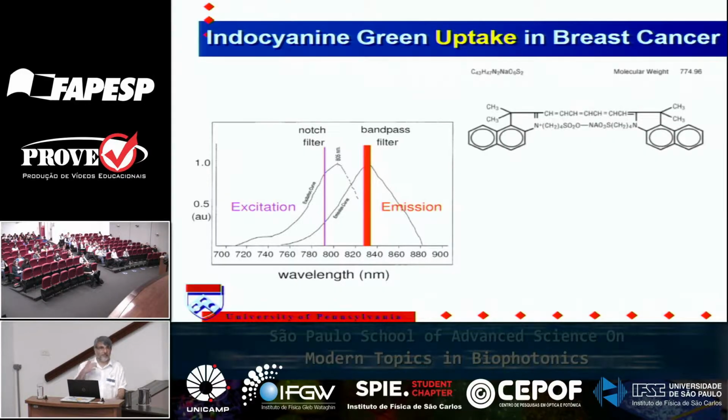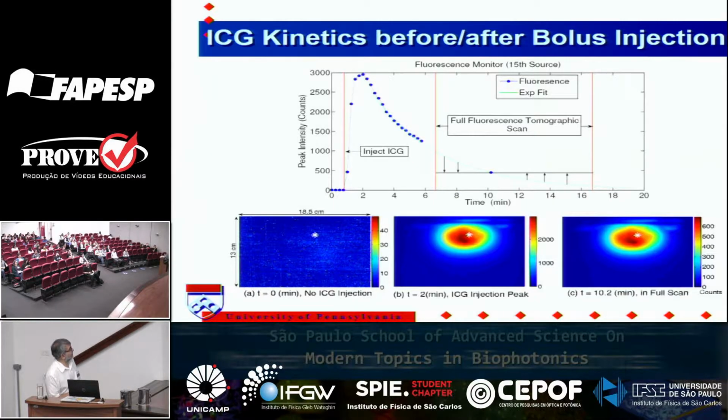And so what we did then is we inject a bolus of this ICG into the patient. Before we inject the bolus, though, we do all of our tomography for the endogenous. And so we figure out what the phi is at the excitation wavelength. And then here you can see this is just looking at the peak intensity of the fluorescence at one position on the detection side. And you can see it goes up, and then it comes down. There's a certain amount of freedom here about what's the best time to choose.